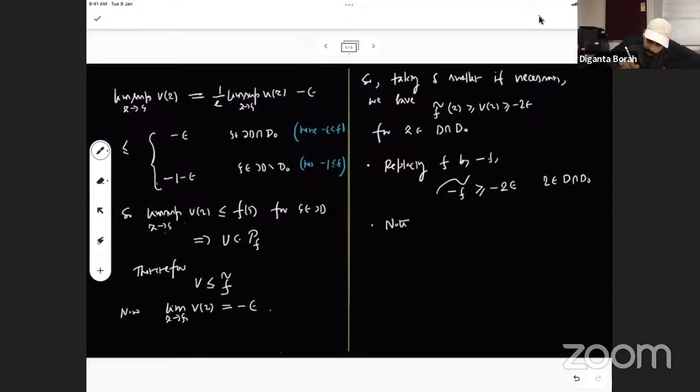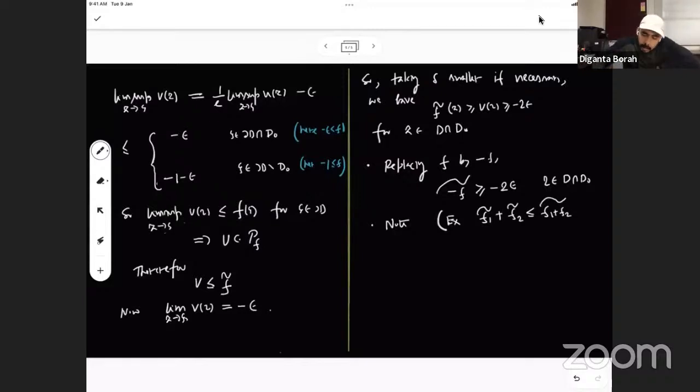But what we certainly know, and this is an exercise for you, is the following. If you look at the Perron solution of some function, say f1, plus the Perron solution of f2, this is never more than the Perron solution of f1 plus f2. Okay, this is an easy exercise. You just have to check from the definition.